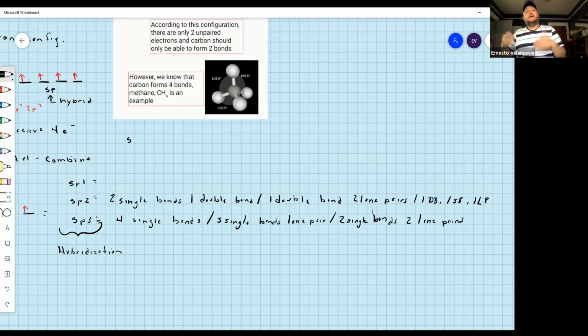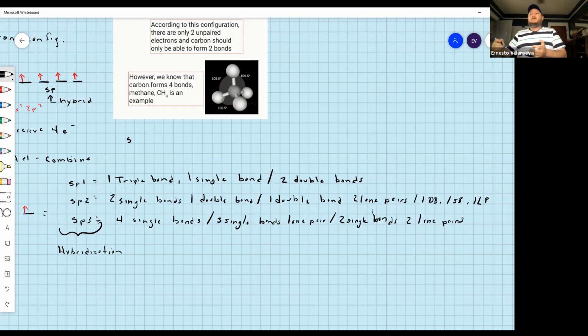So for example, if I'm looking at sp1 hybridization, it would be something like 1 triple bond and a single bond, or 2 double bonds, because it's only going to have 2 domains with which to bond.